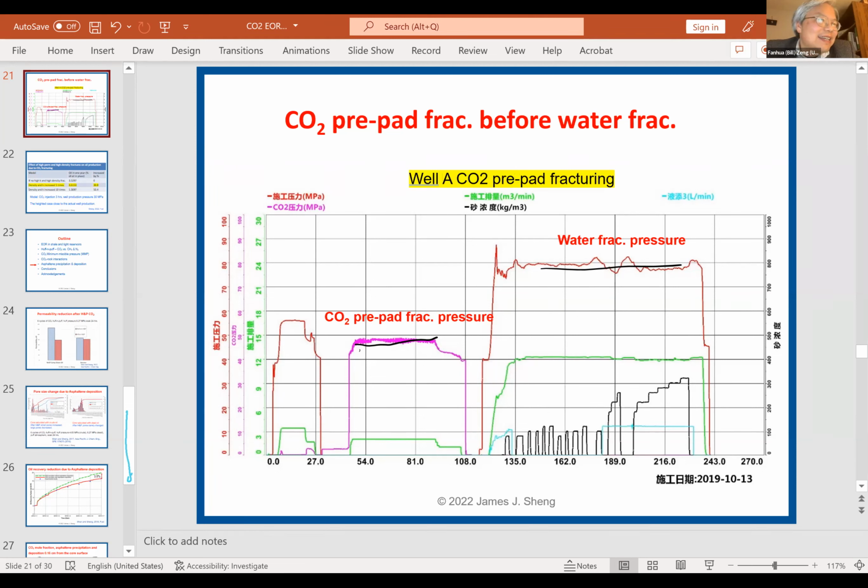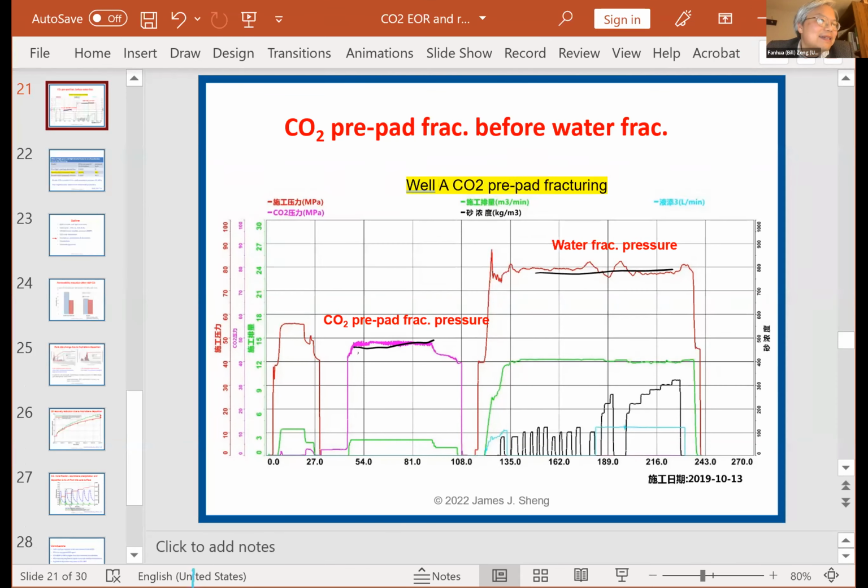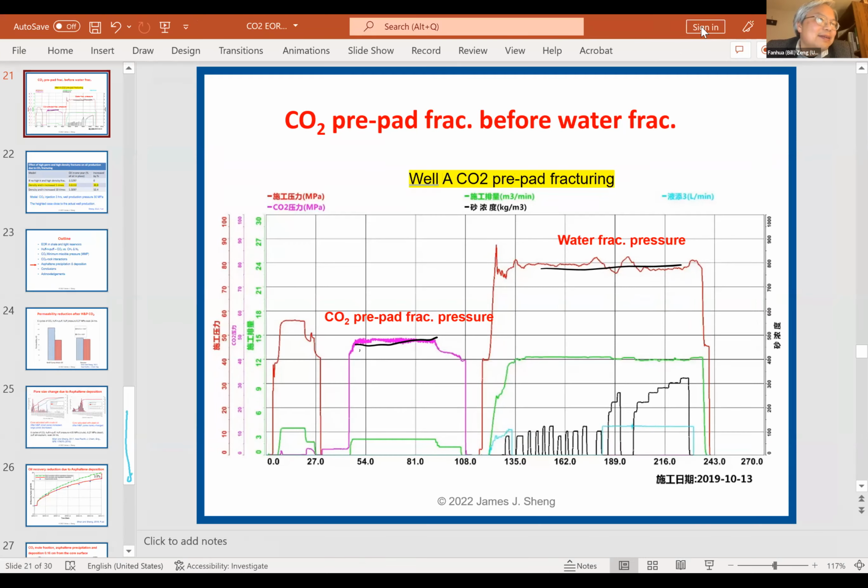Okay, so Tianye's question is, will injecting methane or hydrocarbon gas also lead to asphaltene deposition? Yes, if you inject other gases, you also have this issue, but it's not as significant or as severe as with CO2.